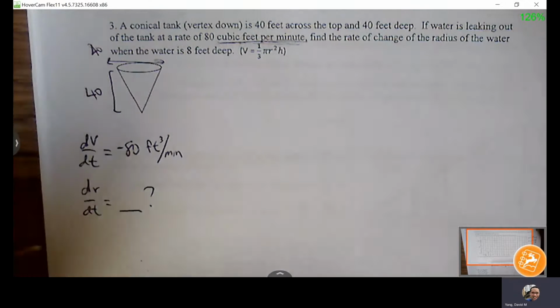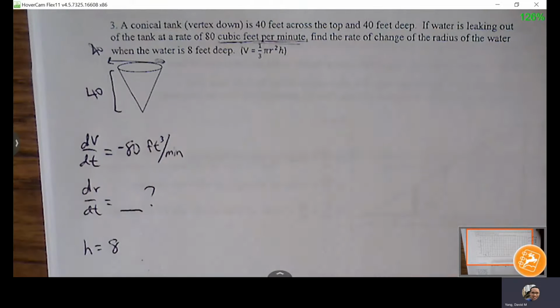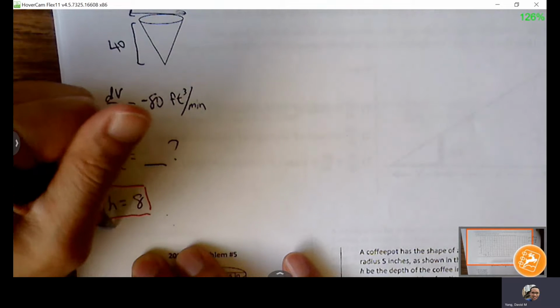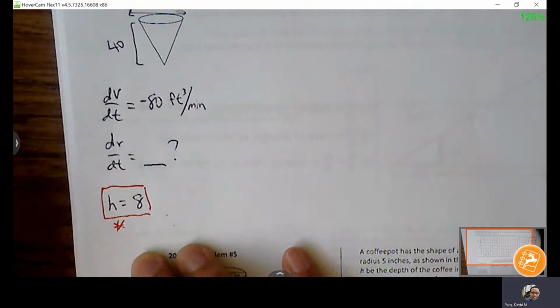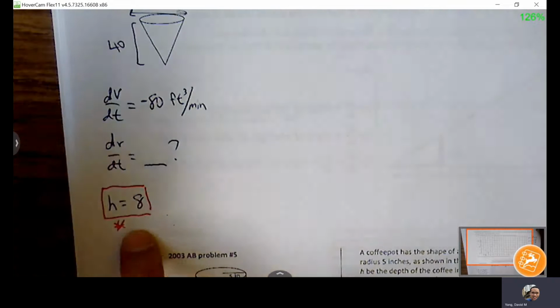Height. Okay, put a box around this. We have to keep reminding ourselves we don't want to touch this, right? There's a moment in time. If we enter this in too soon, we're telling the problem that the height of the water is never going to change.